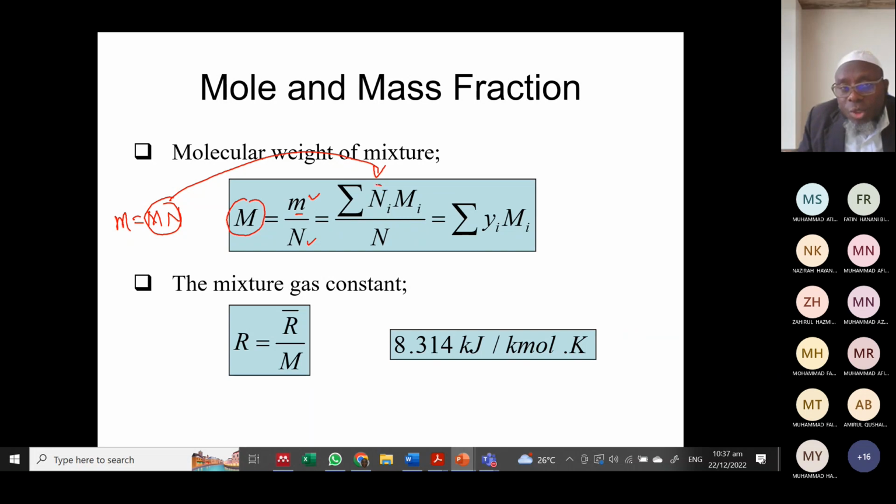If you look back at the previous slide, N_i divided by N gives us the mole fraction. You understand me? So the mole fraction times the molecular mass gives us again the mass. This is the mole fraction of an individual species like oxygen. So let's say the molecular mass of oxygen equals the mole fraction of oxygen times the molar mass of oxygen.